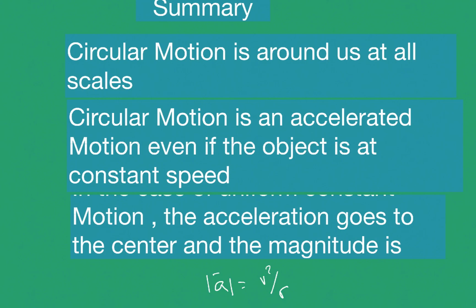So in the case of uniform circular motion, where the object is moving at constant speed, the acceleration is v squared divided by r, and the vector acceleration is v squared divided by r in the minus direction of r, and that's all.